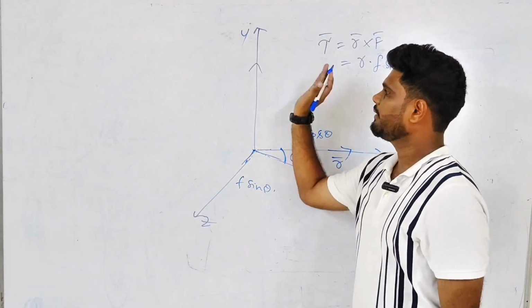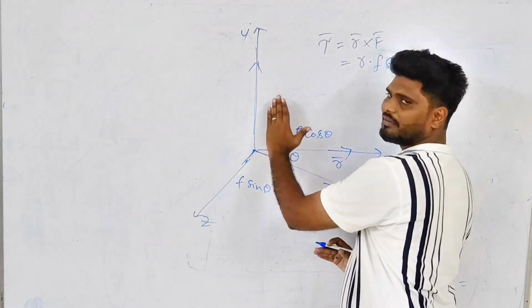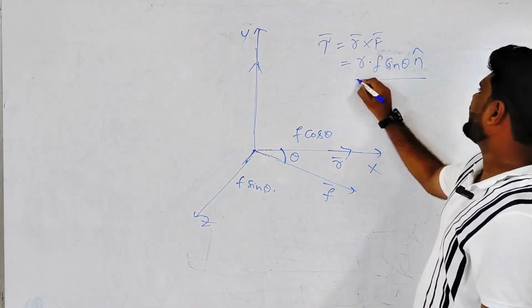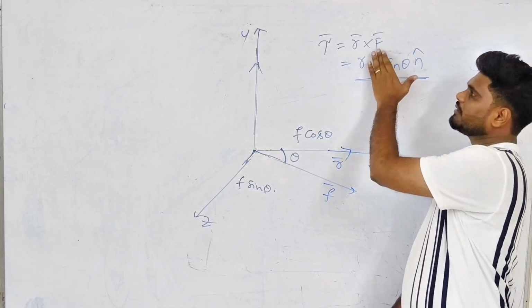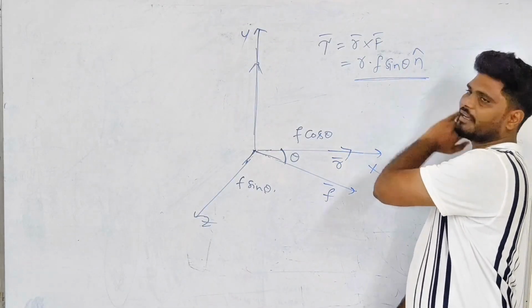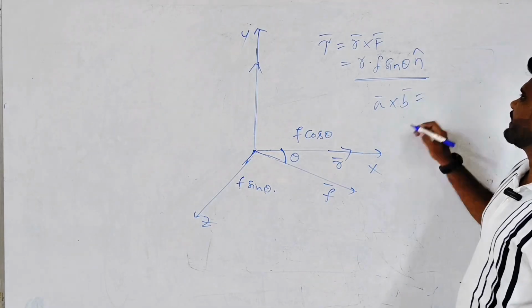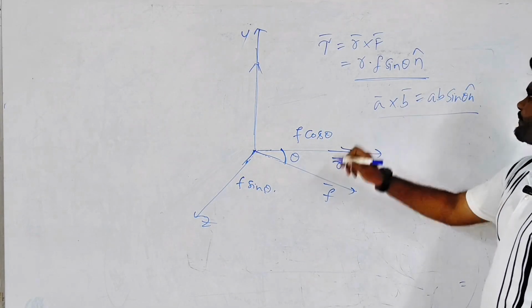This is the hinge direction; on this hinge it will rotate. That is n cap, the new direction. So tau equals r bar cross F bar, that is r F sin theta. If you consider A bar cross B bar, that is nothing but AB sin theta n cap.